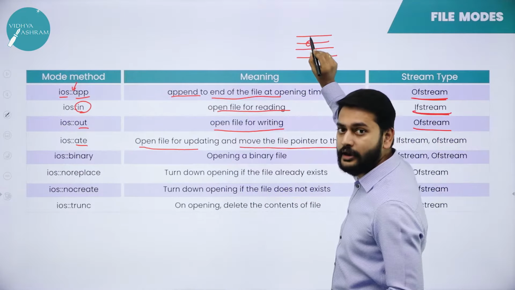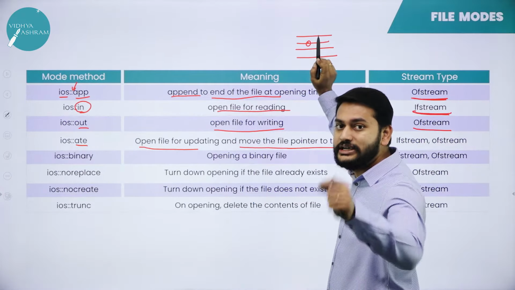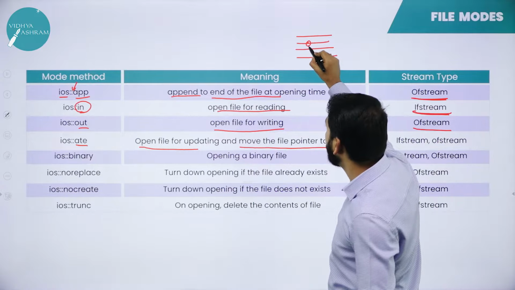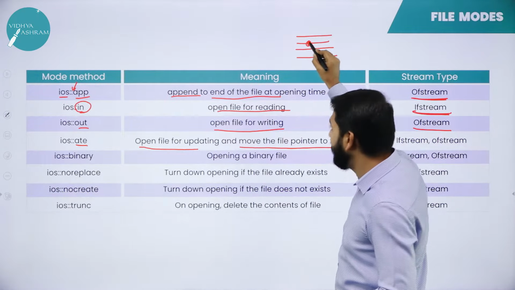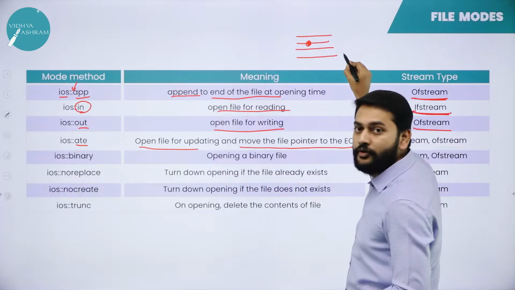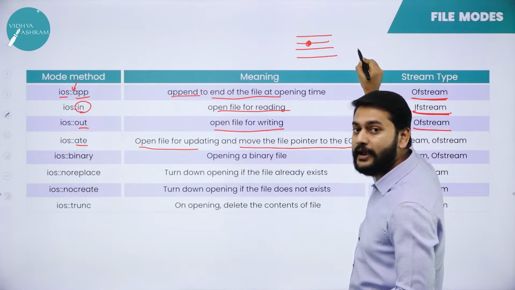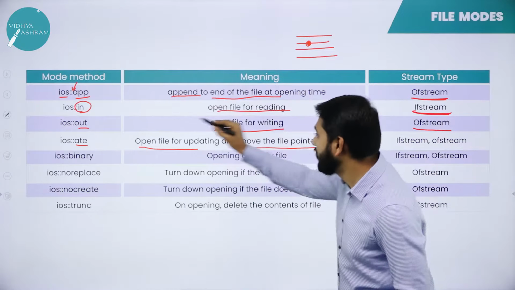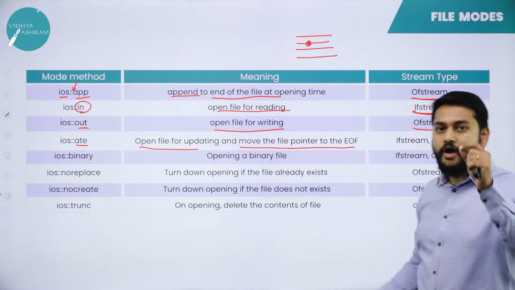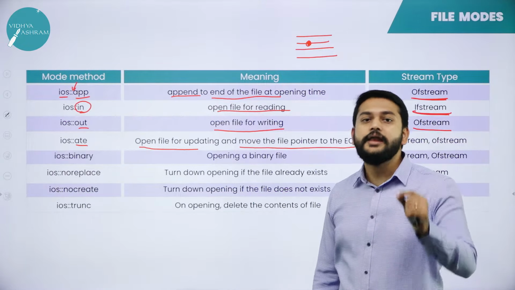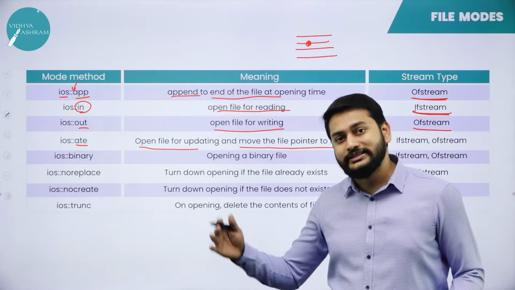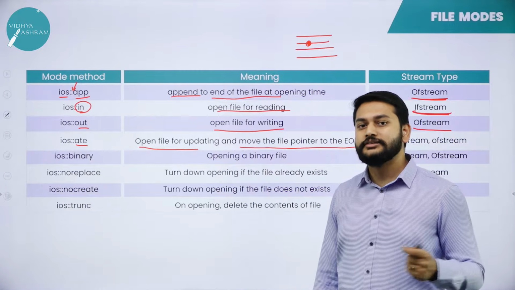Right now my pen, treat it as a file pointer, is here. After making a correction here, my pen should come to the end of the file. That is what this function is doing. After updating, make sure your file pointer comes to the end of the file, because I can then start writing the new content. That is the specialty.